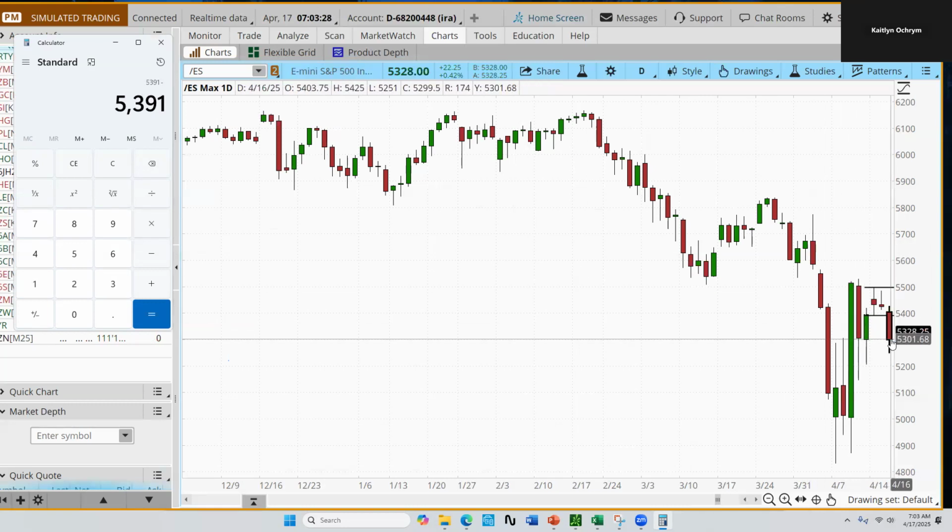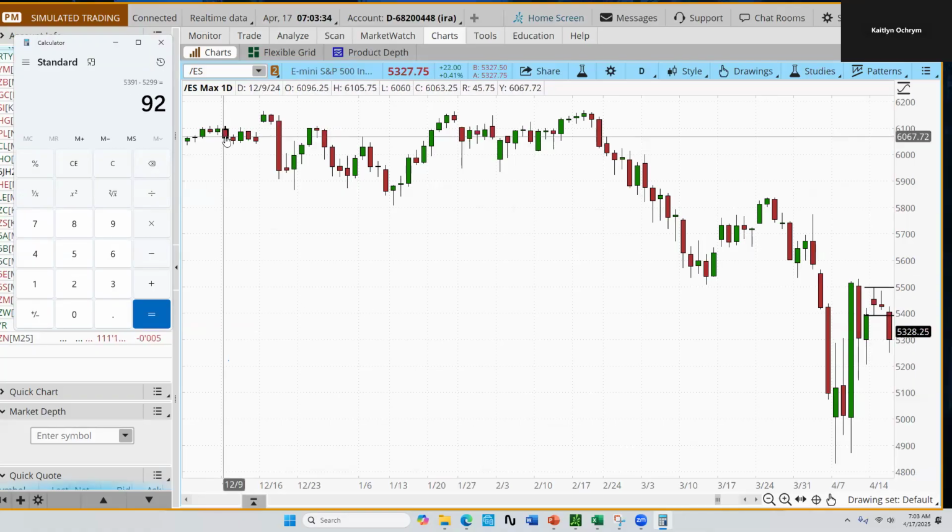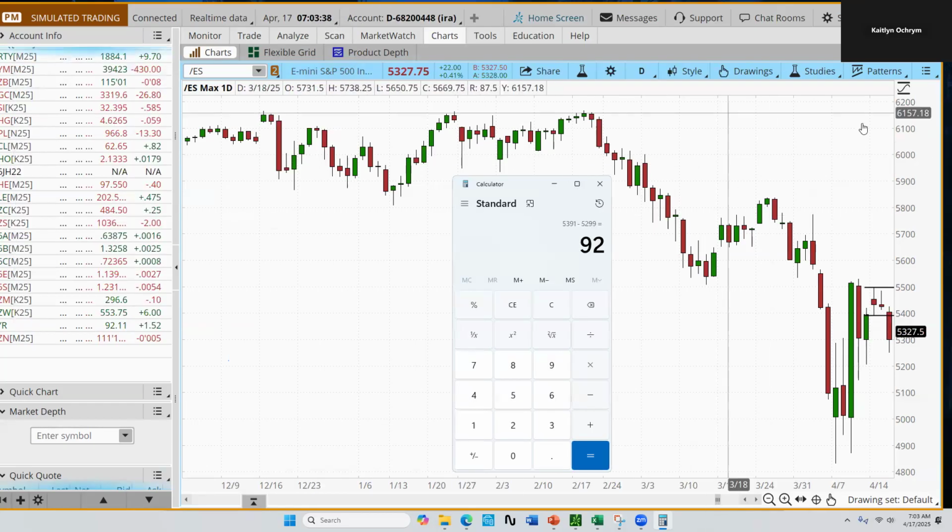Price closed that day on that red candle at 52.99. So that's a 92-point move. Who can tell me what's the dollar value per point on the S&P? What's the dollar amount per point on the S&P?